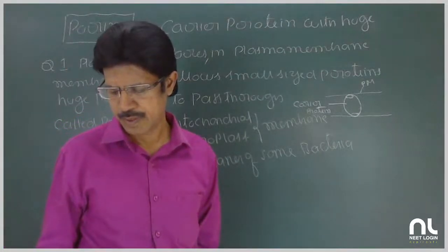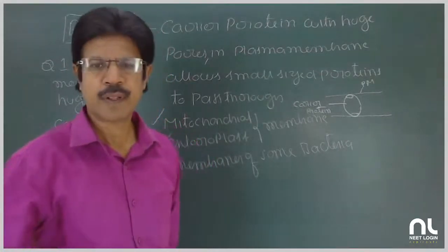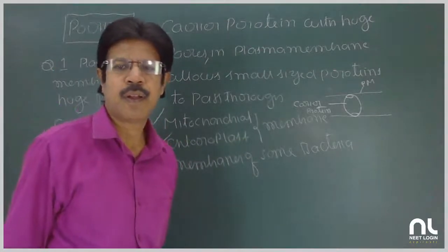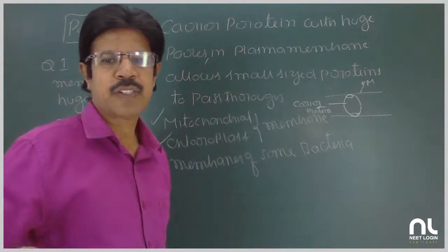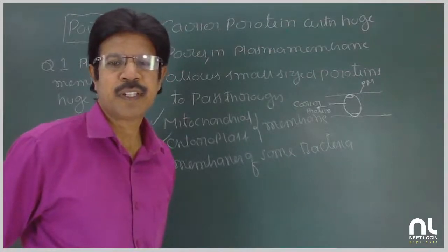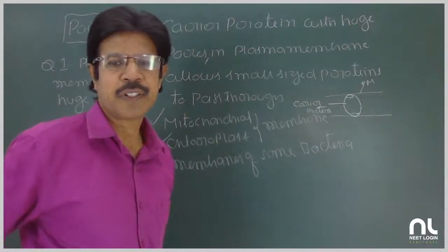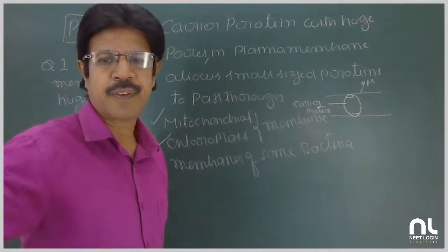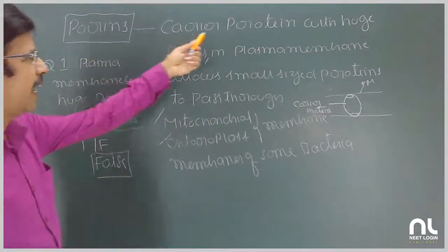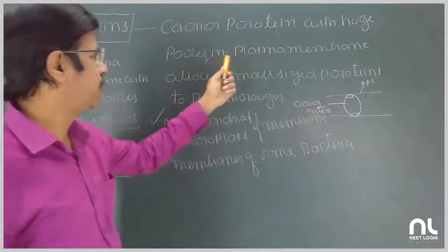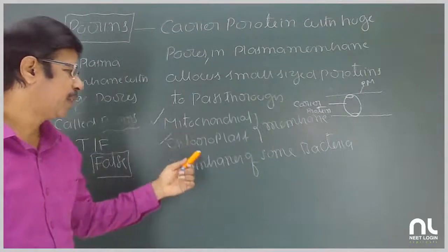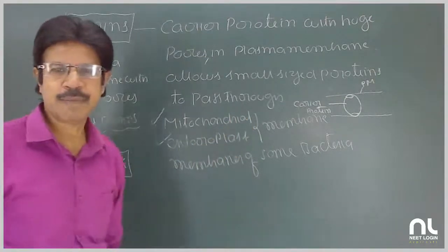Okay, ready? So with regard to the porins: carrier protein with huge pores in plasma membrane allows small sized proteins to pass through, present in mitochondrial, chloroplast membrane and membranes of some bacteria.